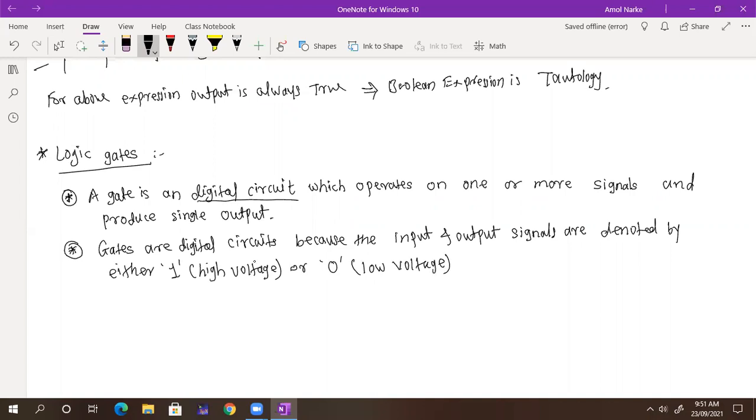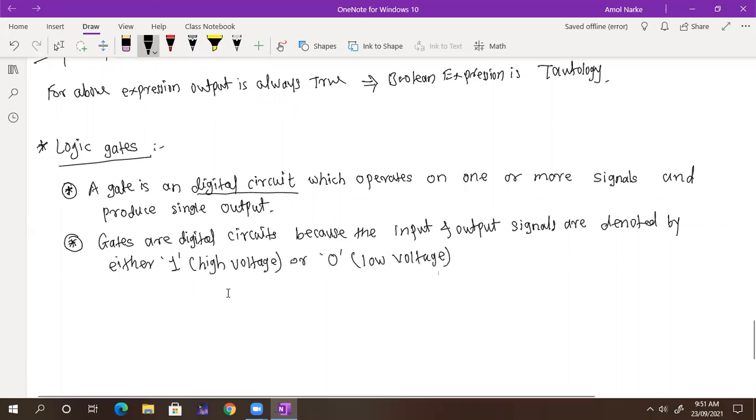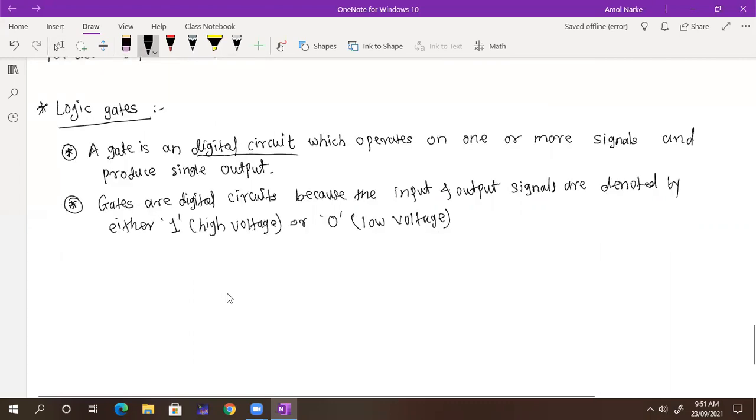Okay. So these are nothing but the digital circuits. Here, the one is denoted by the high voltage and zero is denoted by the low voltage.